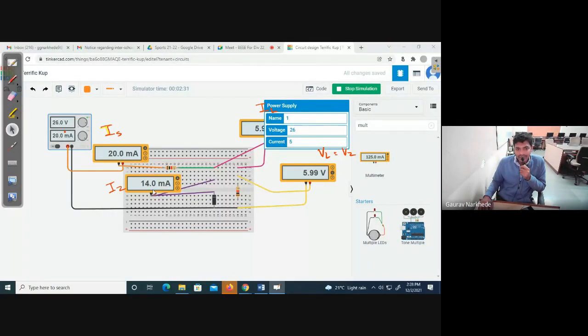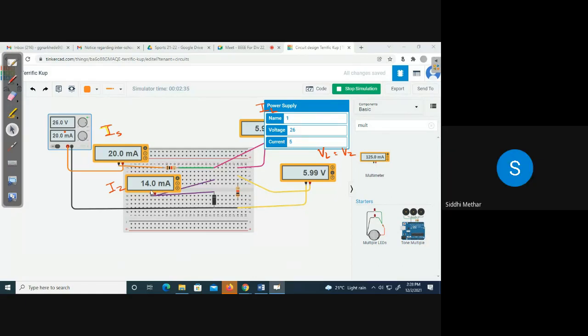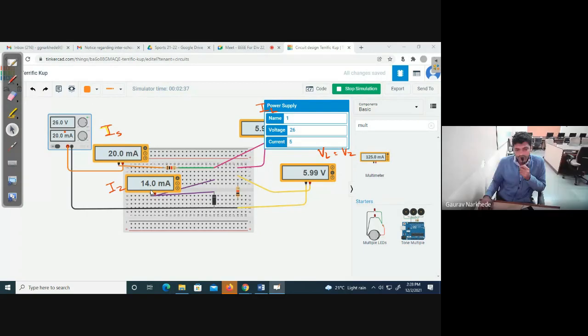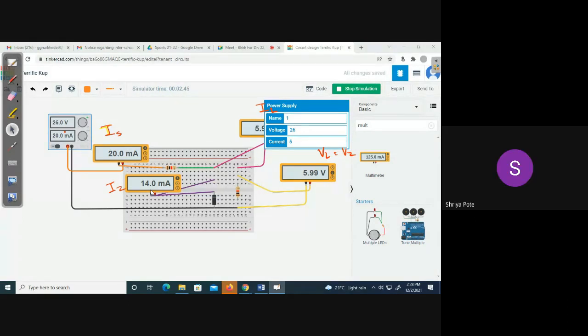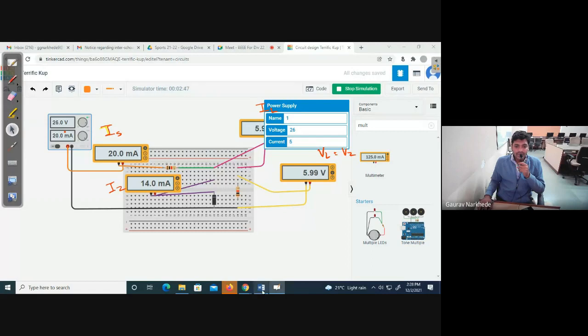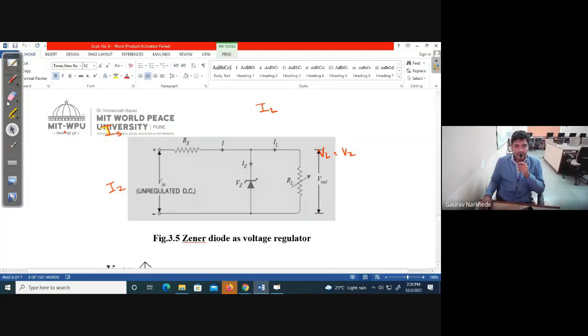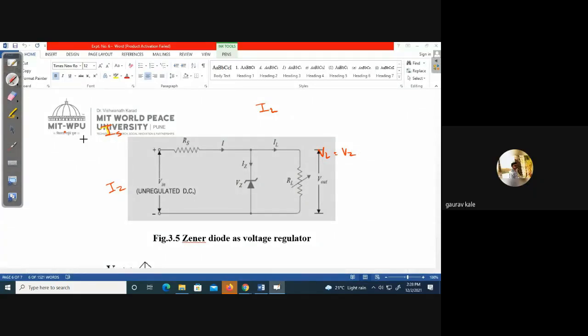What is IZ? 14 milliampere. Diode damage कब होगा? 40 milliamperes के बाहर होगा, समझ में आया? Yes, sir. I'll just rub these things.